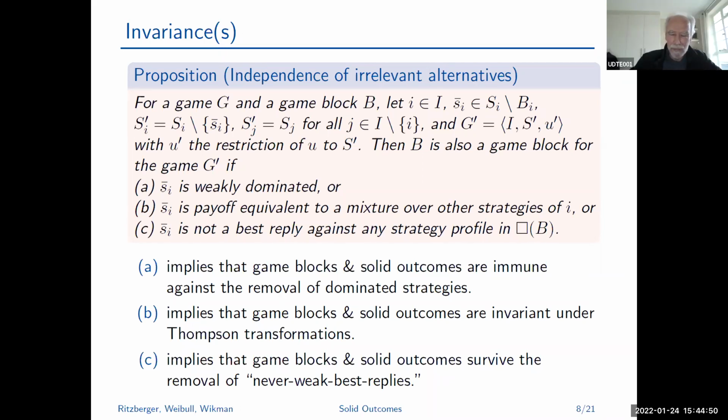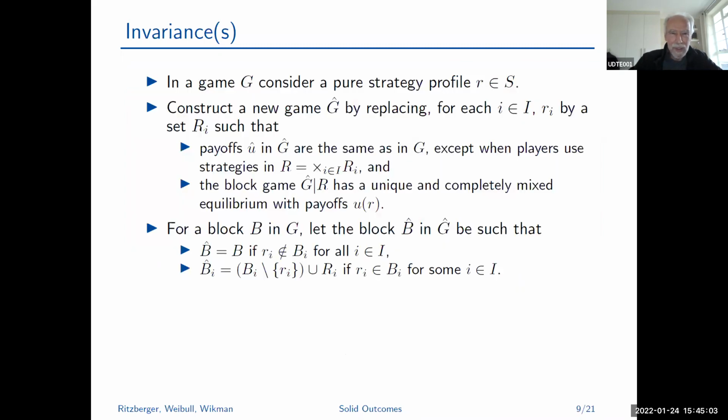Okay, so these are the first three invariances that I adopt, somewhat strangely called independence of irrelevant alternatives. There's a further invariance, which is a little bit more difficult to introduce. So let me first explain the intuition and then formally define it. The intuition is the following.